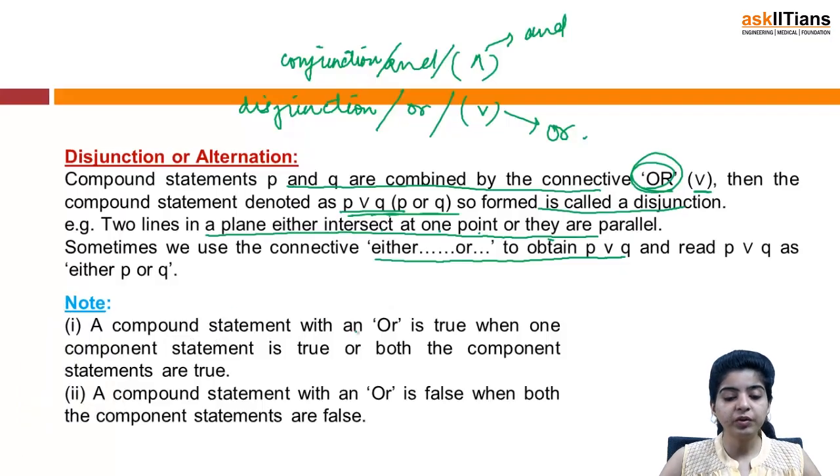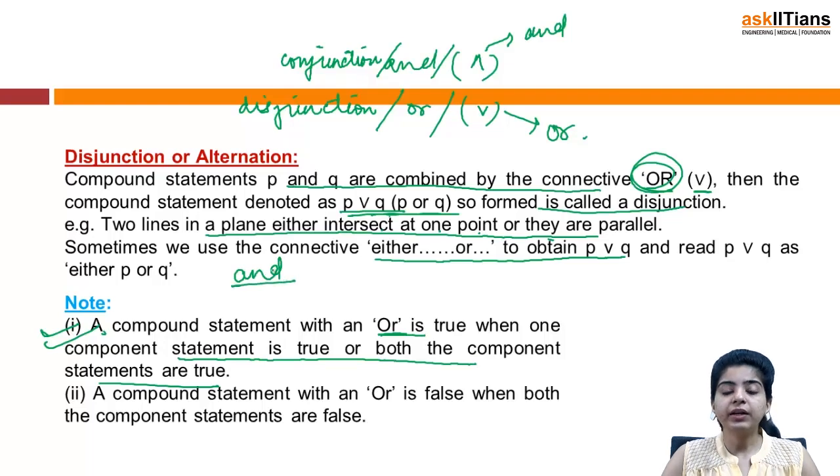A compound statement with an OR is true when one component statement is true or both the component statements are true. When we discussed conjunction, that is AND, we discussed that in AND you need both the statements to be true. P as well as Q both have to be true. Only then will the truth value of P and Q be true. But in case of OR, the meaning of OR is that either one of the two has to be true.